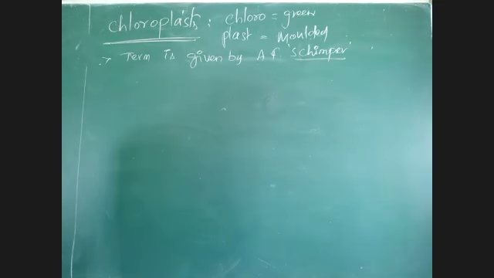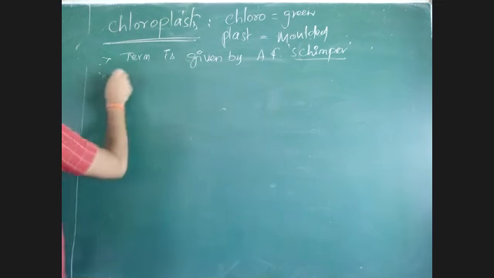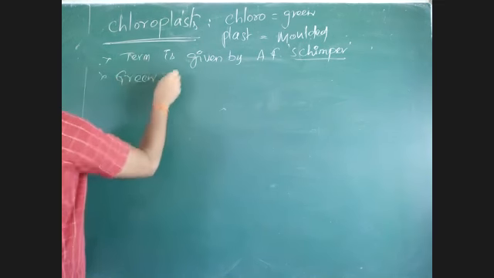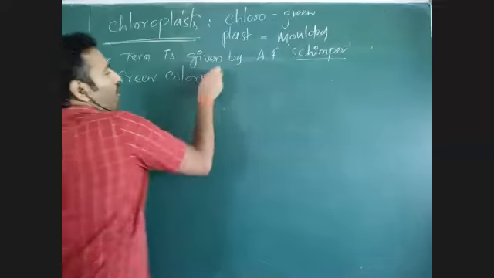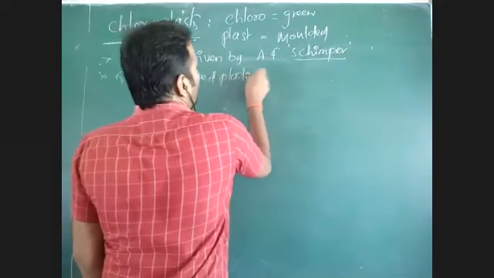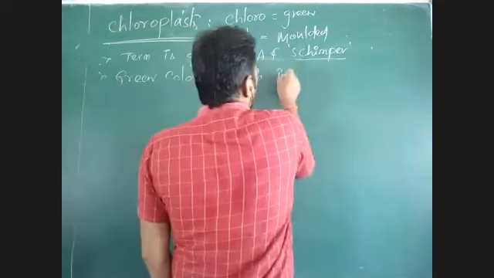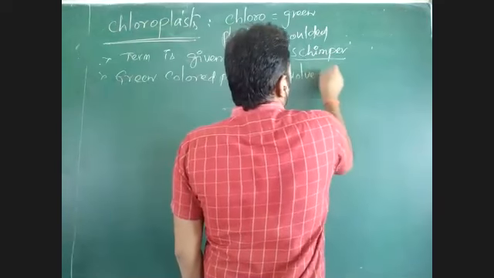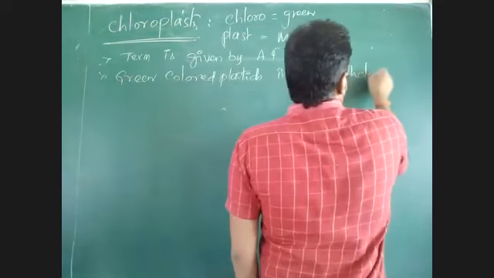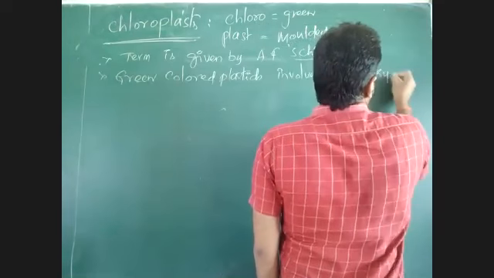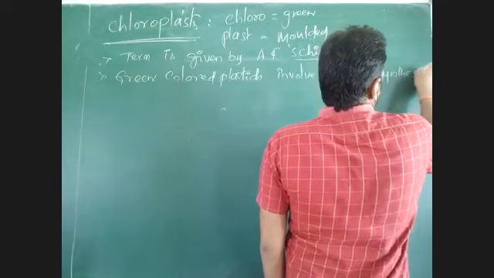These are green colored plastids that are involved in photosynthesis.